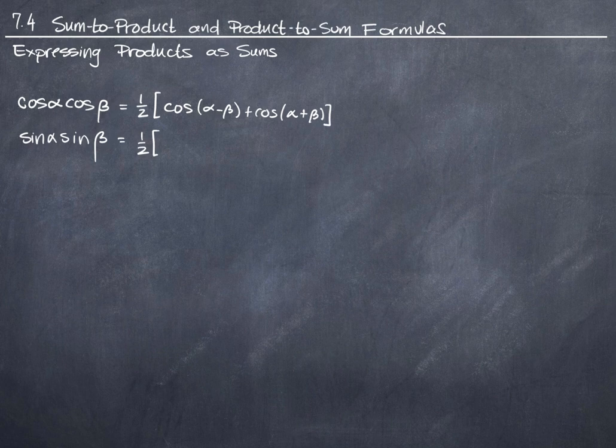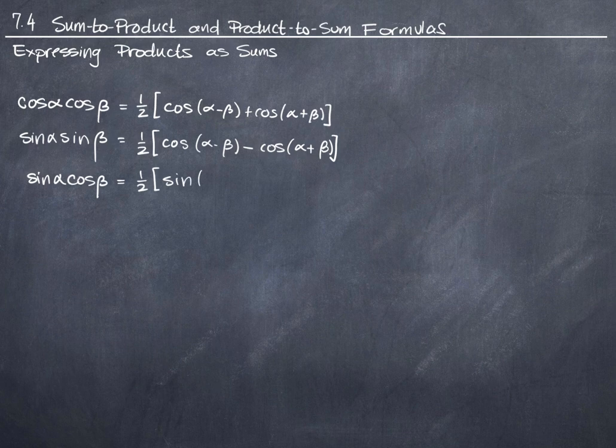The sine of alpha times the sine of beta is 1/2, it should look familiar, times the cosine of alpha minus beta minus the cosine of alpha plus beta. But what if we have the sine of one angle times the cosine of another? Well, that has a formula too. That is the sine of alpha plus beta plus the sine of alpha minus beta.